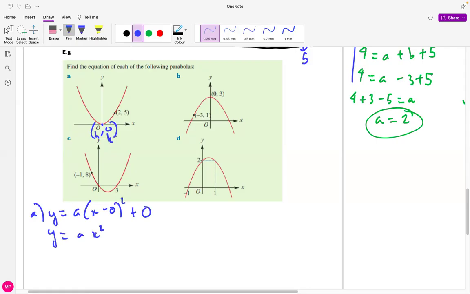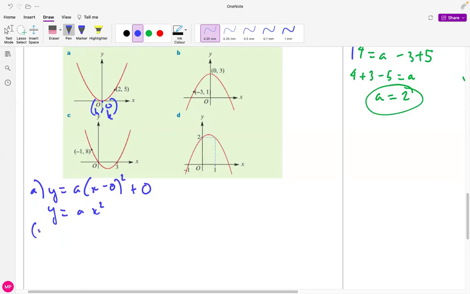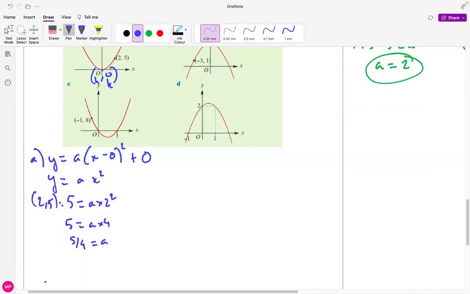Then they give me 2 and 5. I sub it in, I can solve for a. So 5 equals a times 2 squared, 5 equals a times 4. A will be 5 over 4. Then my equation is y equals 5 over 4 x squared.